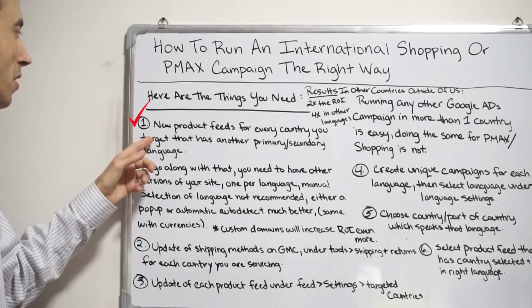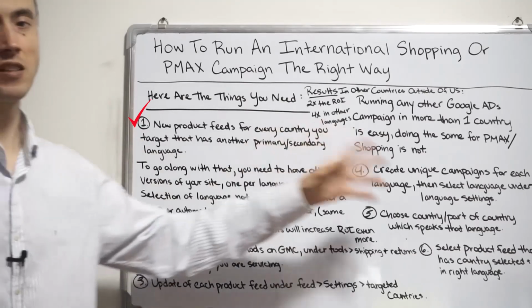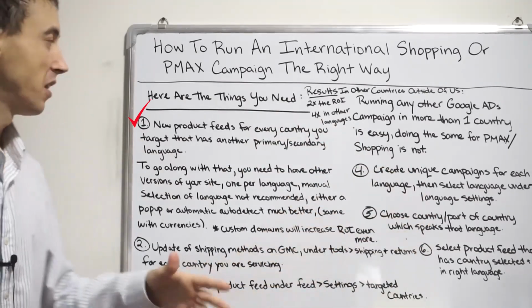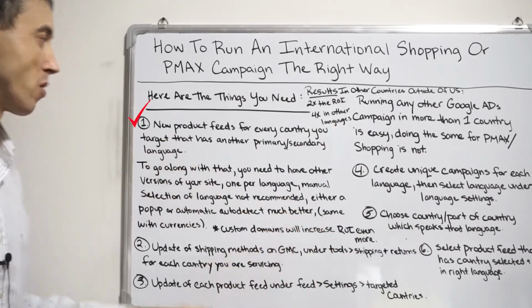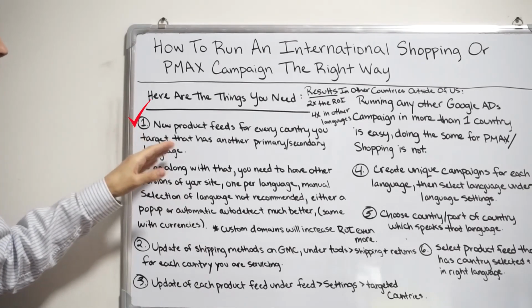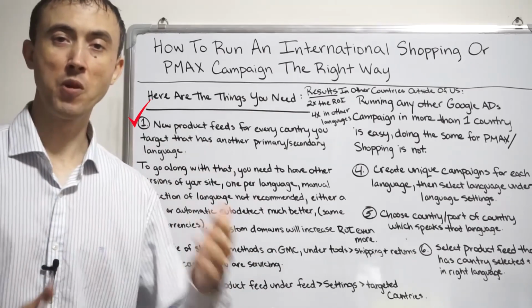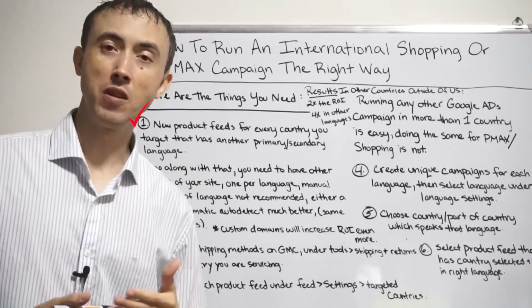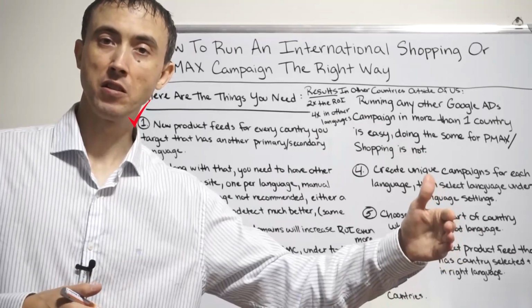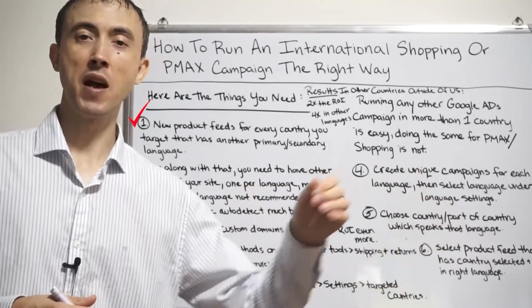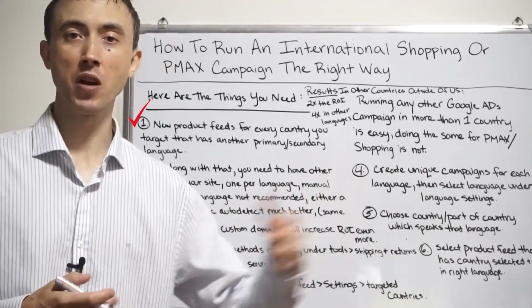The first step here, out of all the steps, which technically could be done in order or not, it doesn't have to be in this exact order, but the first thing to mention is a lot of people ask when they're starting out, do I need multiple product feeds for my shopping slash PMAX campaigns if I'm going to operate in multiple countries?